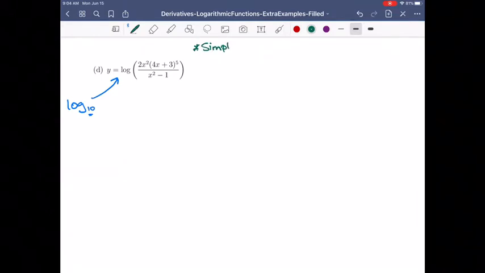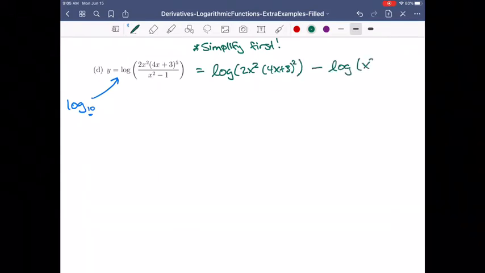So we're going to simplify using the log rules. Okay, so when I have log of a fraction, I can take the log of the top minus log of the bottom. Okay, I already just got rid of the need for the quotient rule. Okay, now I'm going to take this even further.